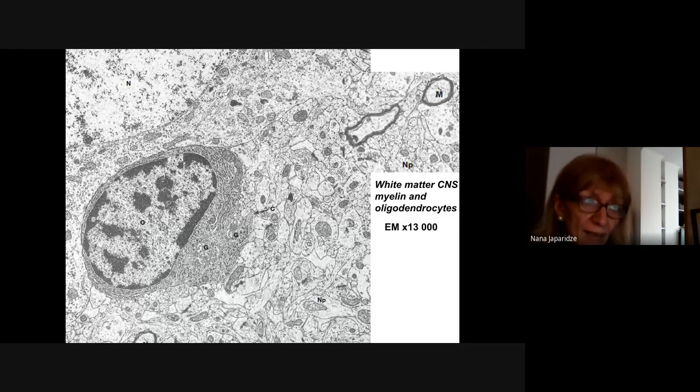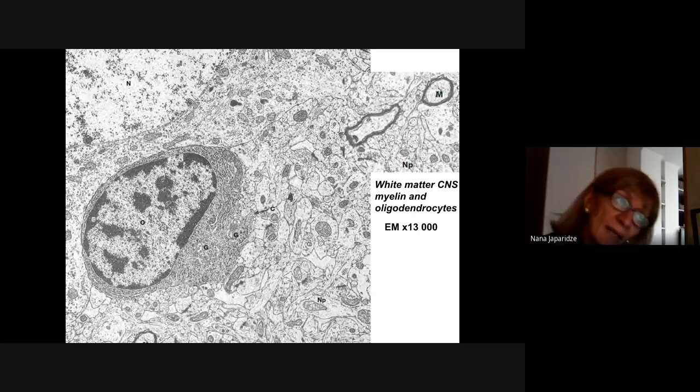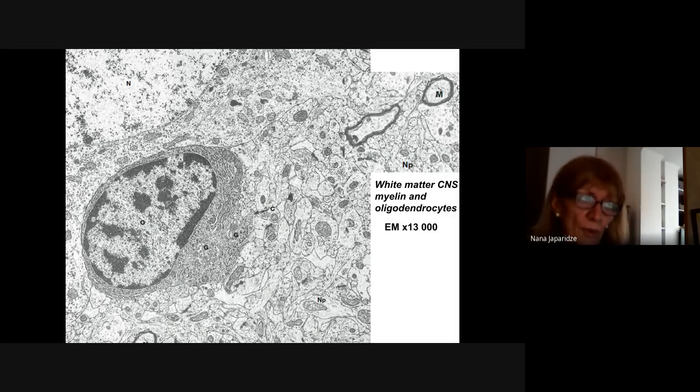On the one side of this active zone, we see vesicles and mitochondria, and on another side, we have a dendritic shaft or dendritic spine. So this is the postsynaptic portion, presynaptic and postsynaptic, and the active zone with a presynaptic membrane, postsynaptic membrane, and synaptic cleft between them.